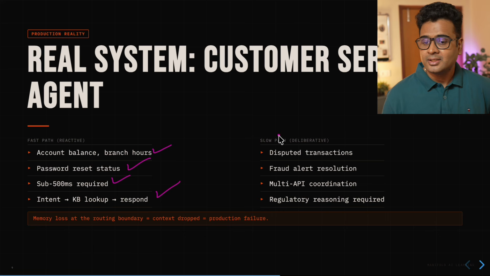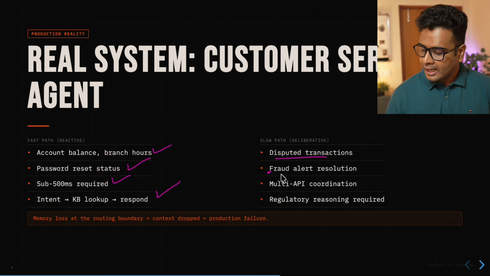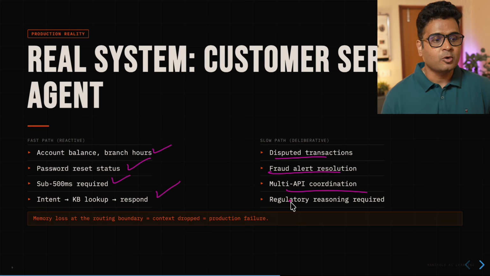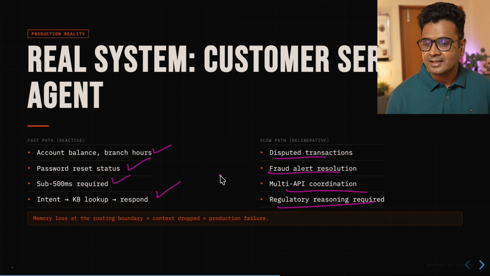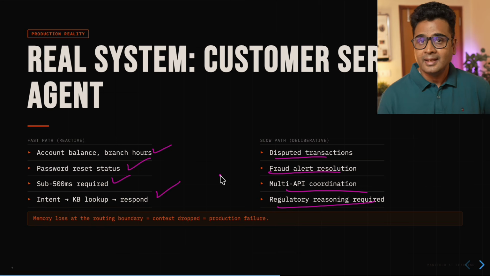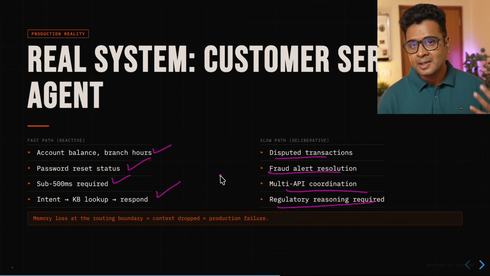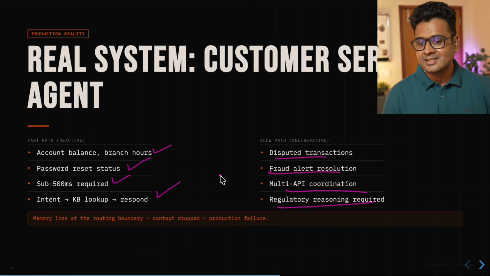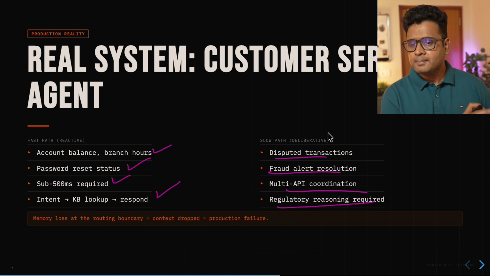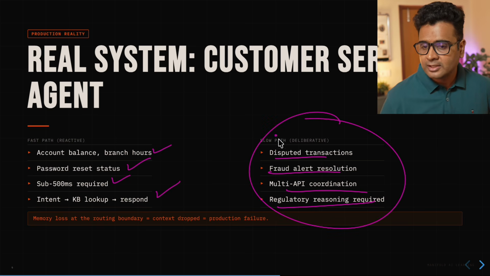But the same agent also handles escalated cases such as looking into a disputed transaction, account fraud alerts, multi-API coordination, and regulatory reasoning. In such scenarios, you want the agent to reason across multiple data sources, maybe call three to four tools in sequence, interpret the results, and produce a response that accounts for the regulatory constraints. If you build this as a pure reactive system, it fails on the complex scenario.